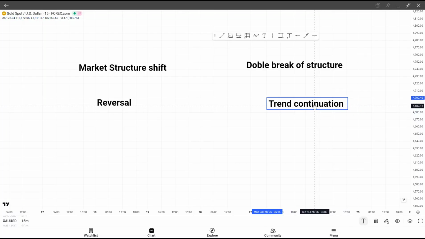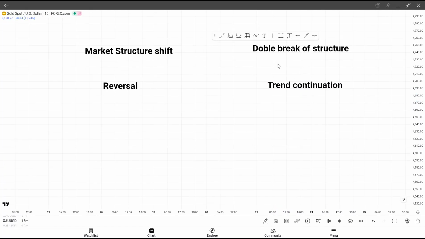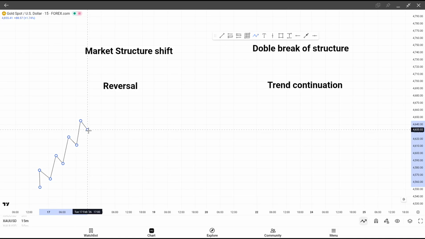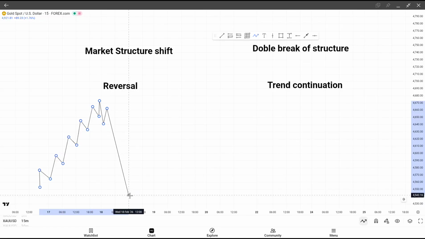Okay, what does it mean? I'm going to give you an example. If this is a bullish market, and the moment the market takes the previous low, it means the market is about to reverse to the opposite direction.